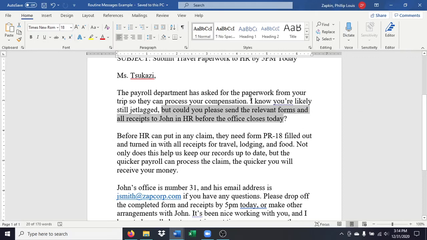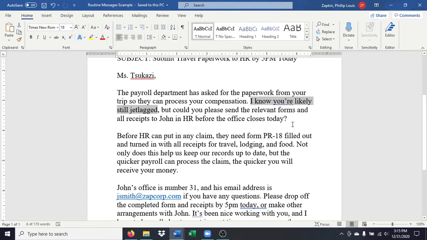So that phrase, I know you're likely still jet lagged, exclusively what that does is to acknowledge that this is likely inconvenient for the reader. Miss Tsukazi is probably not really in the mood to do this paperwork.